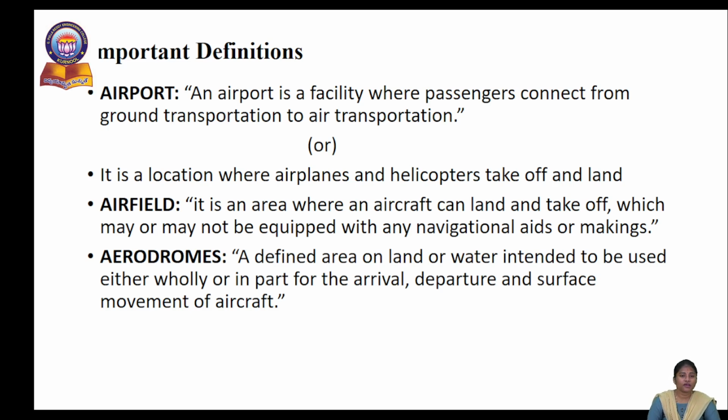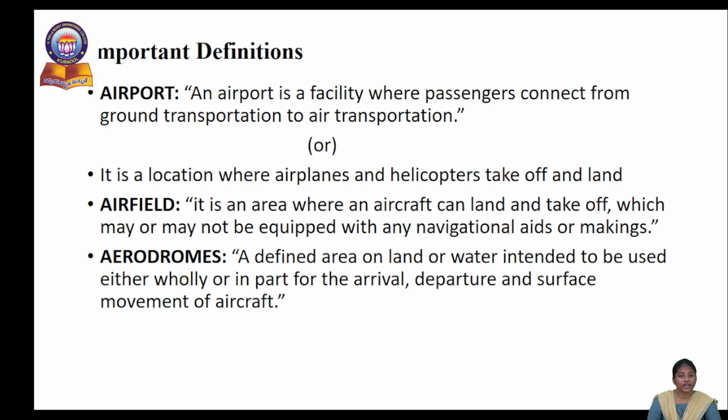So there are some important definitions. Airport: an airport is a facility where passengers connect from ground transportation to air transportation, or otherwise we can define it as a location where aeroplanes and helicopters take off and land. Next we have the term airfield.